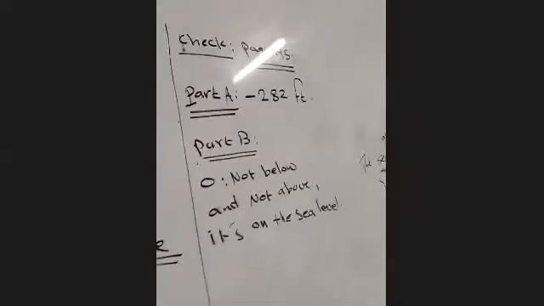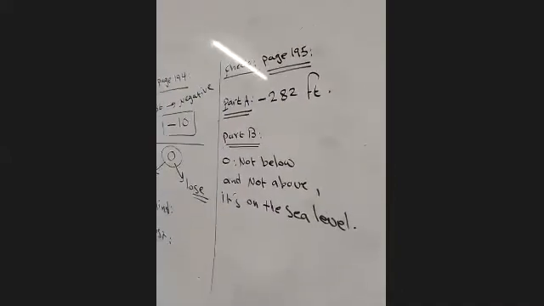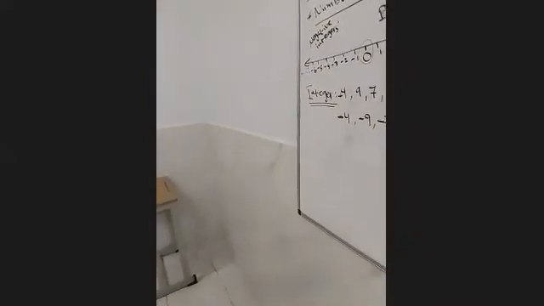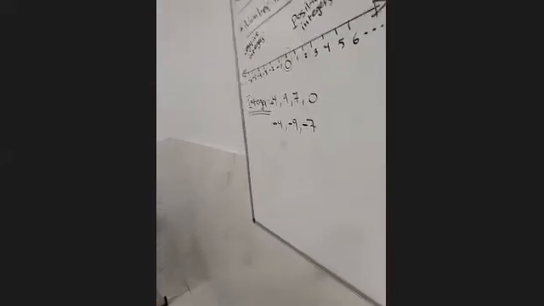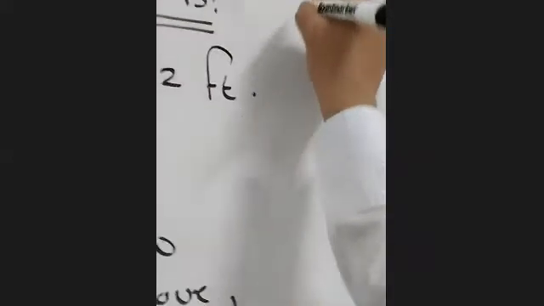But this is, guys, the check, page 195. Let's move. Go to the next example or the next idea. How to represent or graph integers on a number line. See example 2, guys, page 196 together.